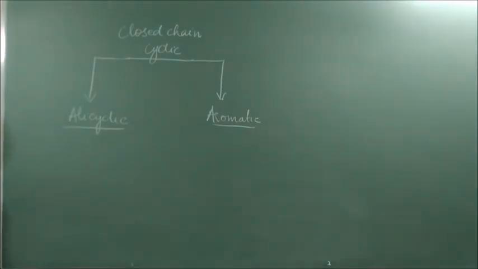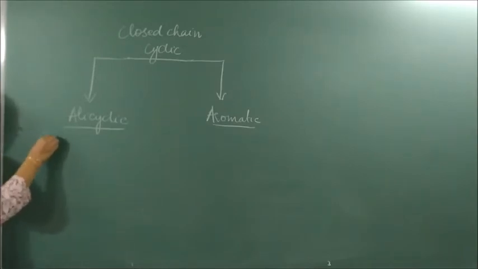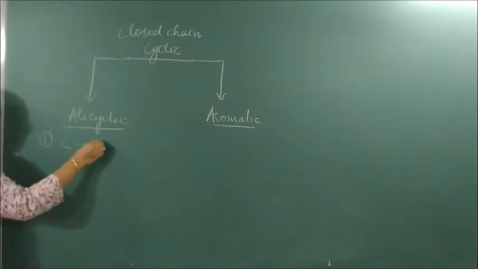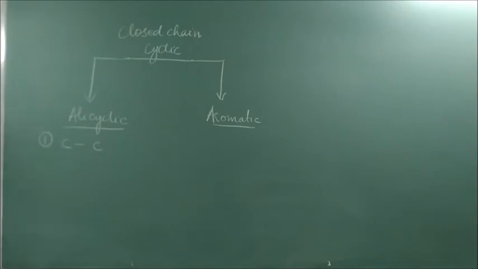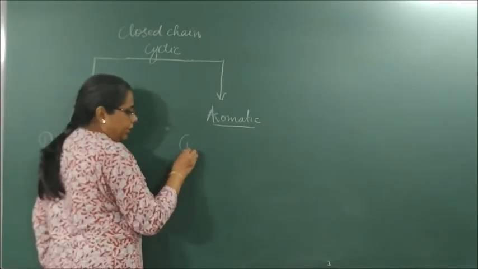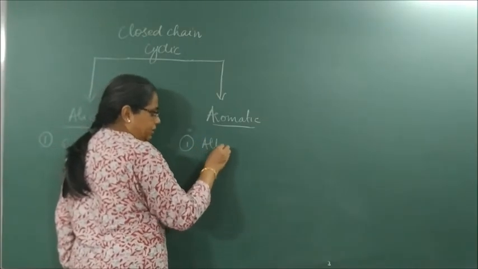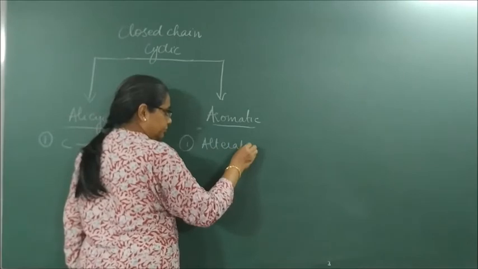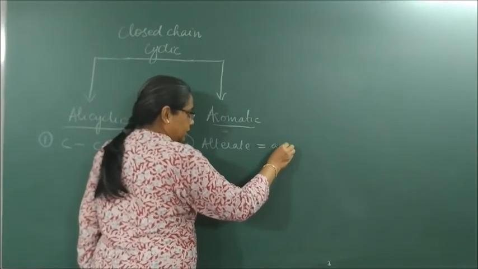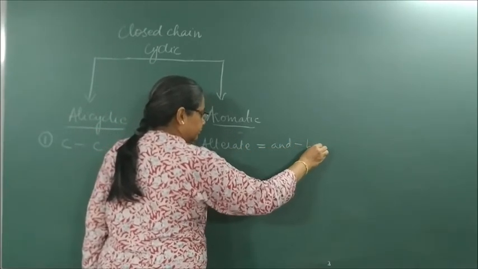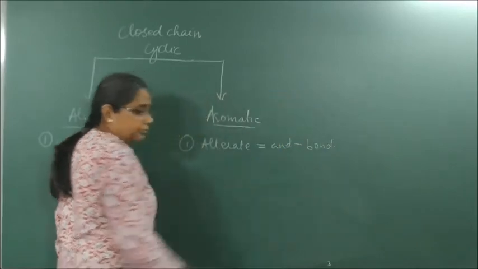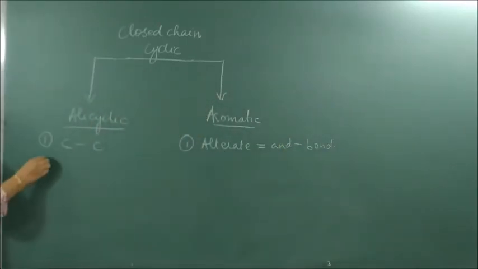So now first understand and then write. In a cycle, if there are only carbon-carbon single bonds, it is called an alicyclic compound. Here, in aromatic compounds, you will have alternate double and single bonds.